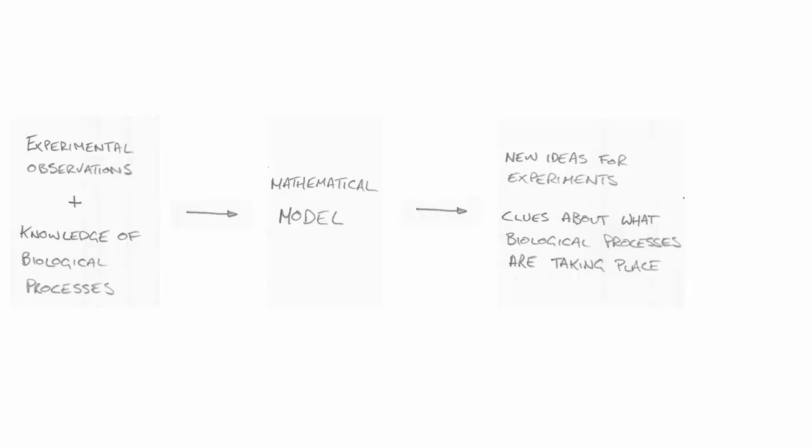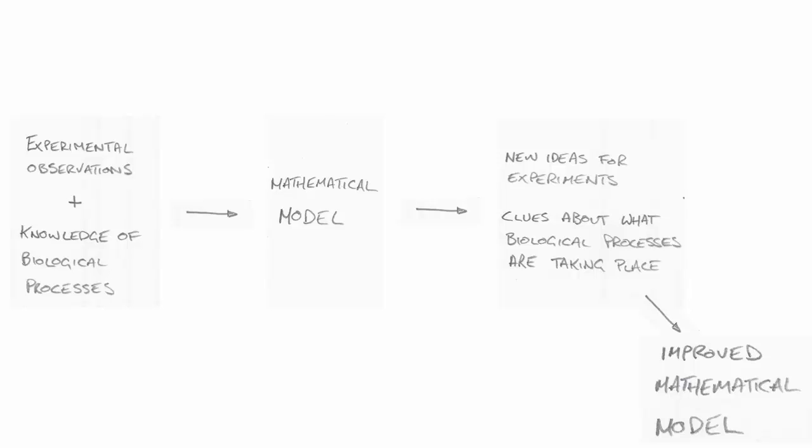So we might get new ideas for our experiments, or some clues as to the underlying biological processes. It might be that in our model only certain processes seem to dominate the behavior of the system, a clue as to which processes are important, or it might be that without including some new process or new reactions, we can't explain the experimental results, and we have to go away and think about what other processes might be taking place.